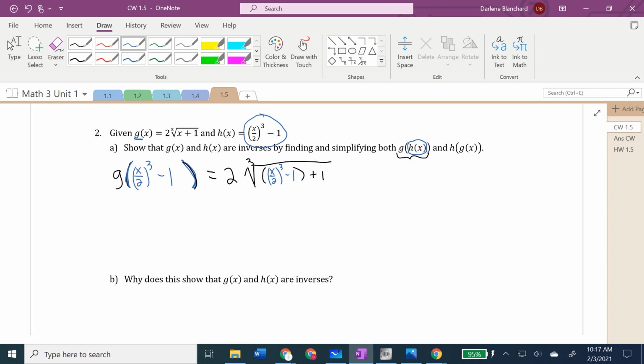And now what you're going to do is you're going to start simplifying. I have a 2 multiplied outside of a cube root. Inside of the cube root, I have this big giant parentheses, and I'm adding 1 to it. Do you see what happens when I do the add 1?